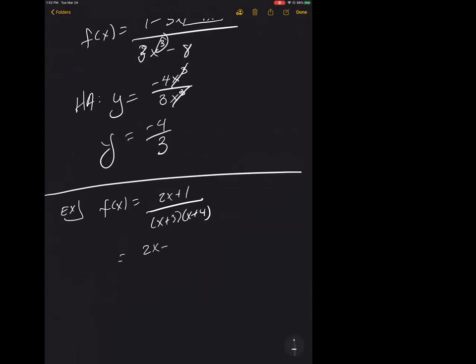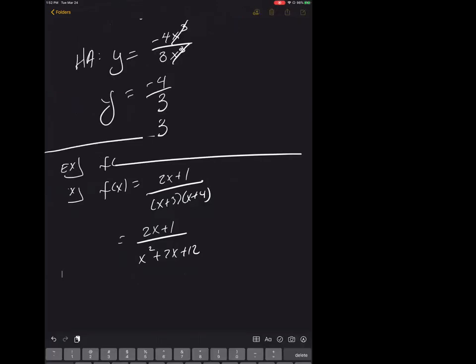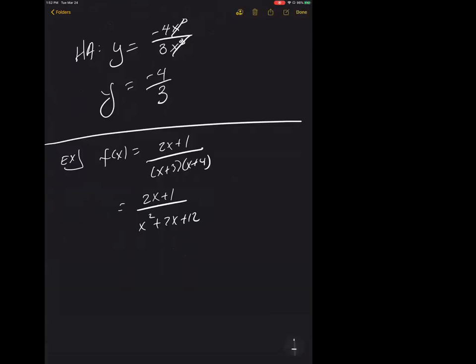This is equal to 2x plus 1 divided by x squared plus 7x plus 12, when you FOIL this thing out. I need two numbers that multiply to give me 12 and add to give me 7: 4 and 3. Well, notice right here that this is x to the 1, while this right here is x to the 2, yes? So the denominator is higher, or has more x's.